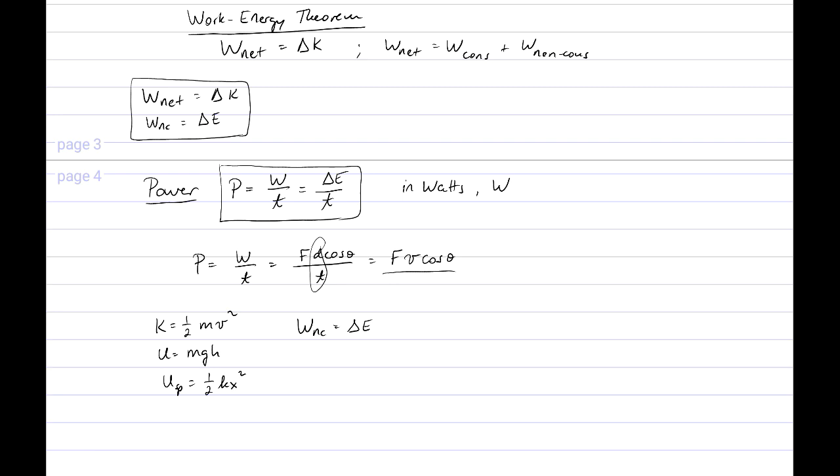So pick initial energy and final energy, write down all of the different types of energy at the initial point, write down all of the energy forms at the final point, and then figure out what the work done by non-conservative forces is. If no non-conservative forces act in the system, then the work by non-conservative forces is 0, and then you have conservation of energy.